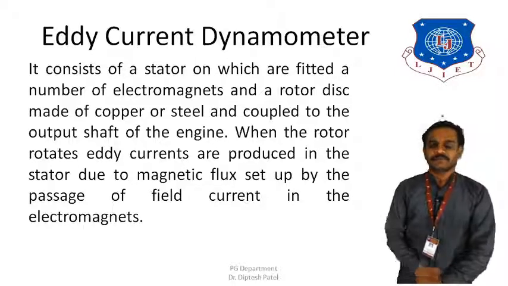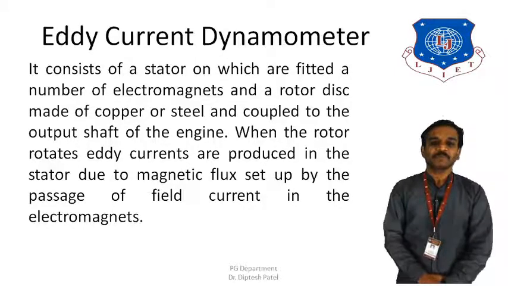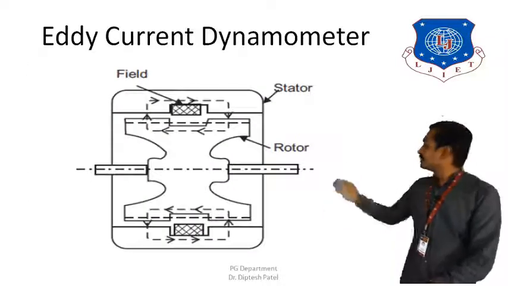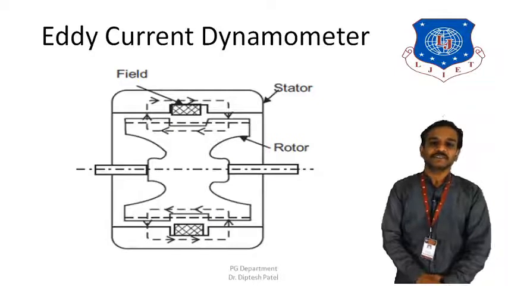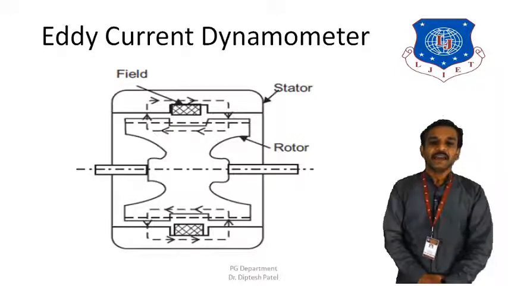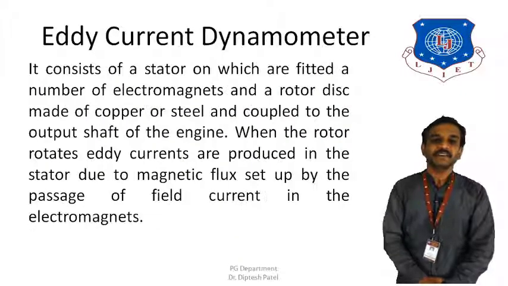We have already gone through the various types of dynamometer, and one more that we need to cover is the eddy current dynamometer. You can see the schematic diagram over here. It consists of mostly a stator, a rotor, a field and a cooling system to dissipate the heat that is generated here.